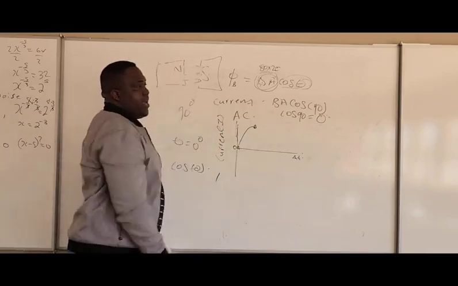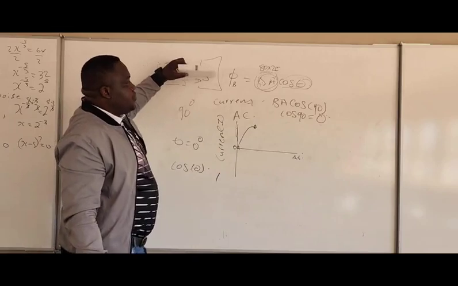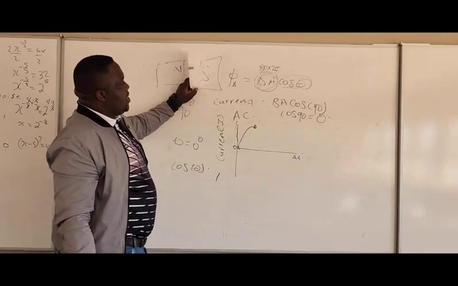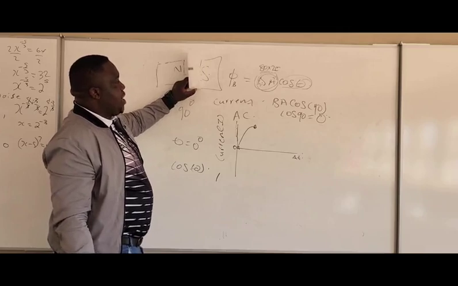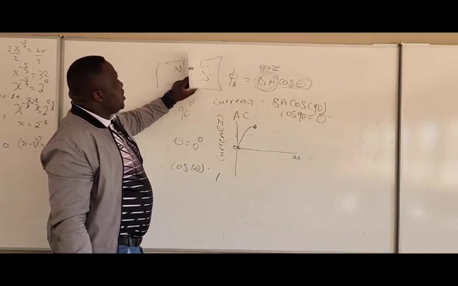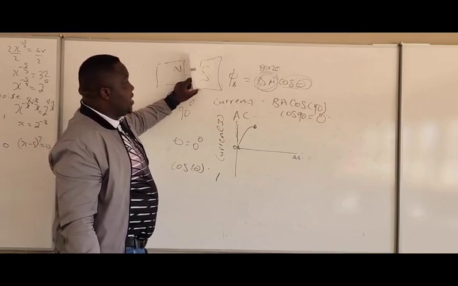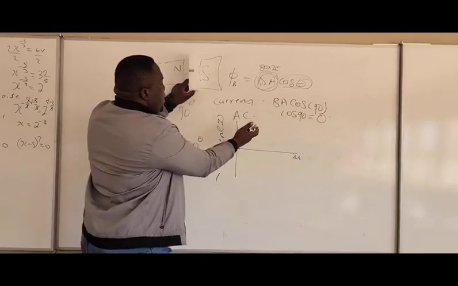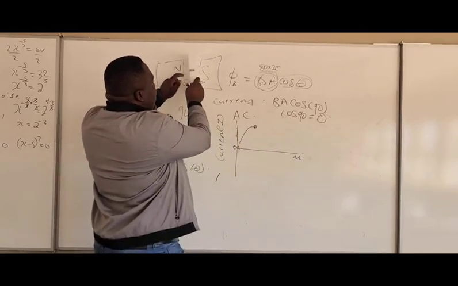That's why it started from 0. I hope you can see now. Then it came here, where the normal line became 0. The angle between the normal line and the magnetic field became 0.